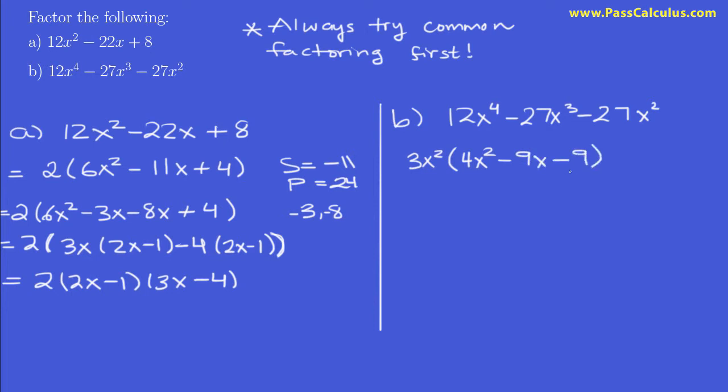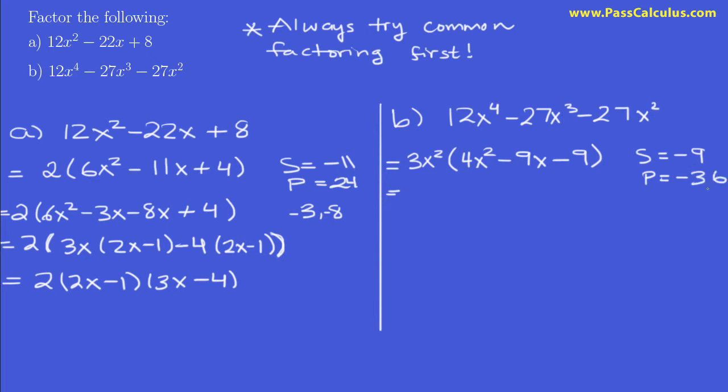All right, good. Now, can we make any progress on this? I think we can. Let's do trinomial factoring on this, right? Sum and product. The sum should be what? Should be this number right here, negative 9. And what should the product be? 4 times negative 9, which is negative 36.